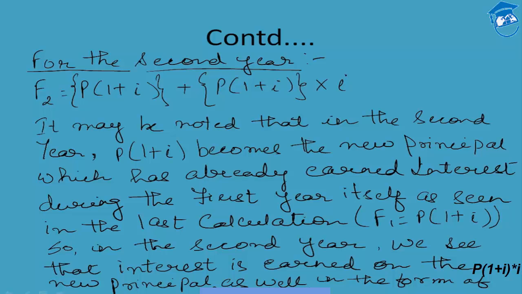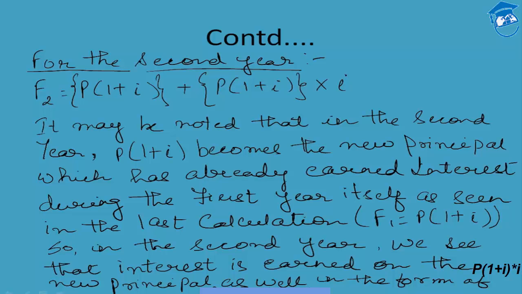So in the very next year, the amount which we shall be getting at the end of the second year, F2, shall be F1, that is P1 plus I, and the 10% increase thereupon, that is P1 plus I into I%. So 110 plus 10% of 110 will be the final value of the $100, which is increasing by I% compound interest for 2 years.